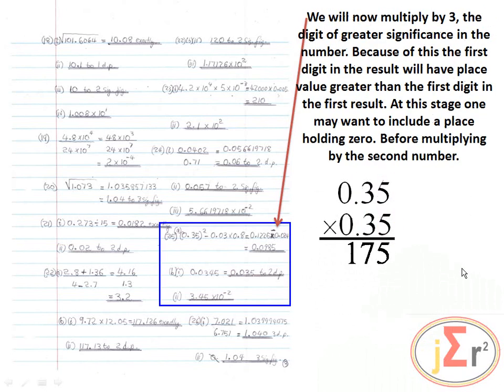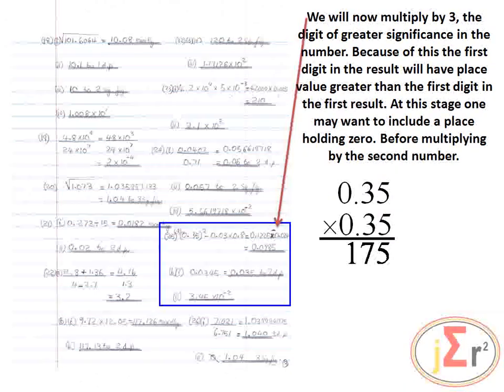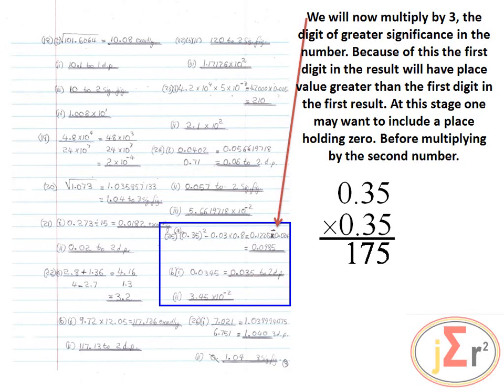We will now multiply by 3, the digit of greater significance in the number. Because of this, the first digit in the result will have a place value greater than the first digit in the first result. At this stage, one may want to include a placeholding 0 before multiplying by the second number. So, before multiplying by 3, we would want to include a placeholding 0, because this digit is greater in significance than this one.